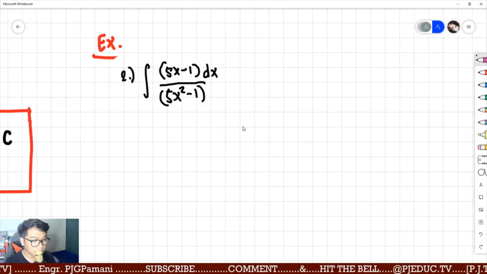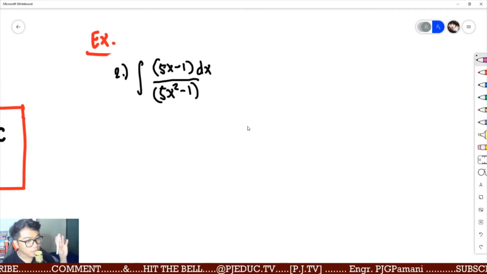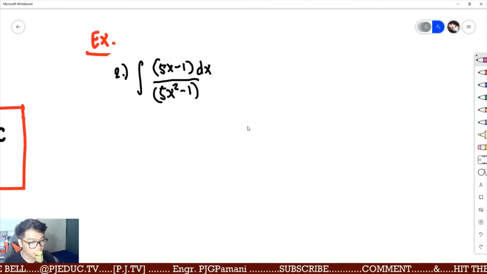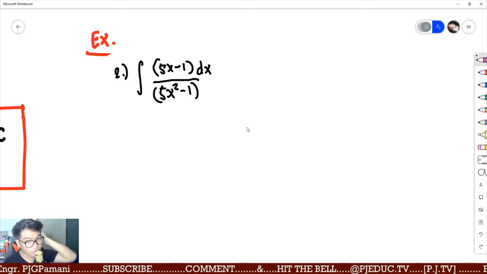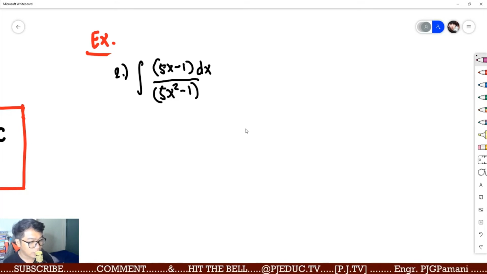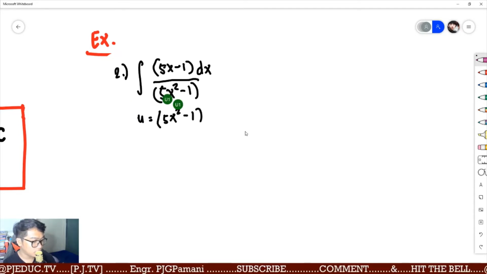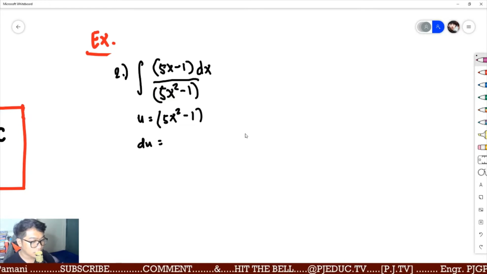Note yung ating binigay kanina, the degree of the numerator must be less than the degree of the denominator. Or else, you need to provide for division. But with this example, identify natin ang ating function as 5x squared minus 1. Derivative of 5x squared minus 1 is what?